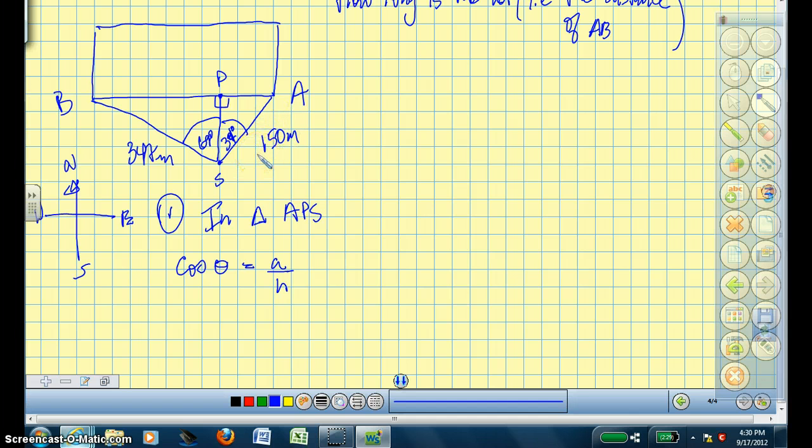So if we fill in some of this information, cos 34 degrees is equal to the length of PS divided by 150. I'm going to multiply both sides by 150.